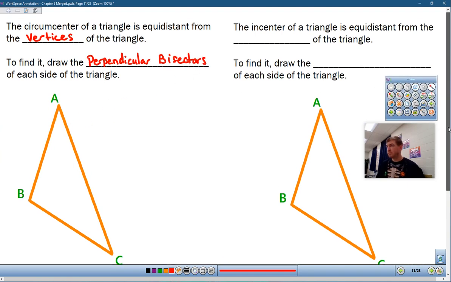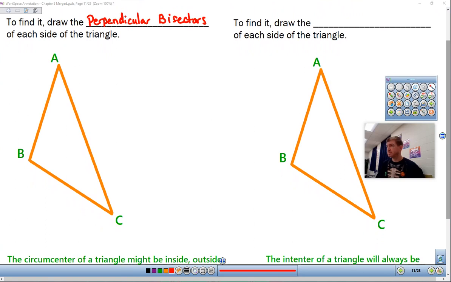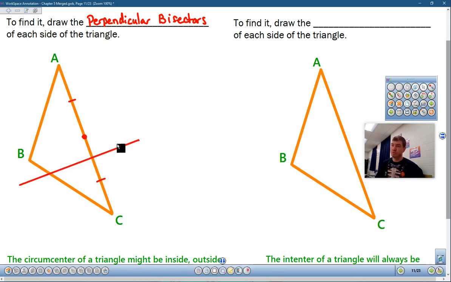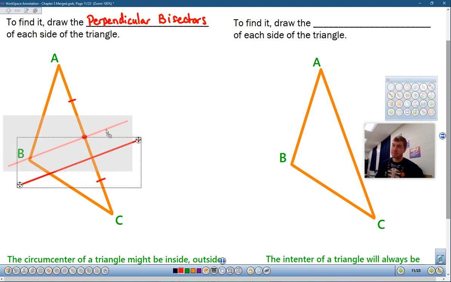Okay, and I'm gonna try to do that pretty quickly here. I'm just gonna eyeball it a little bit more than I normally would. But we find the middle using hopefully a ruler usually. And then we go perpendicular to that side. I'm gonna draw it perpendicular first and then move it because I can. You guys could use a ruler to kind of make it perpendicular.